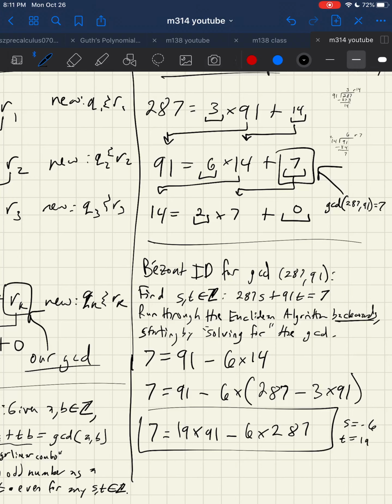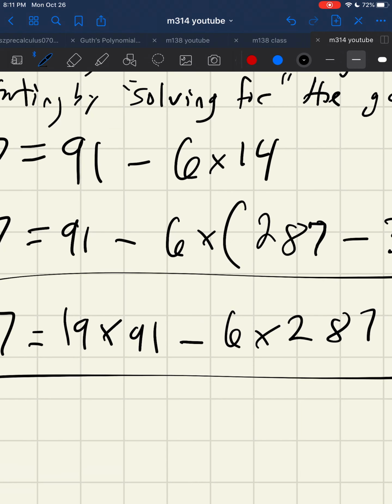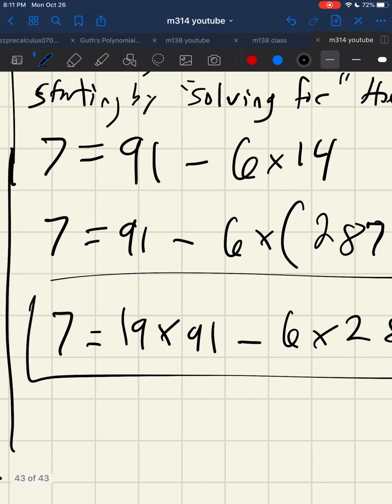But what I can do is actually check whether or not this is right. So let's zoom in here. What's 19 times 91? Well, 9 times 1 is 9. 9 times 9 is 81. And then I've got 1 times this, so that's 1729.